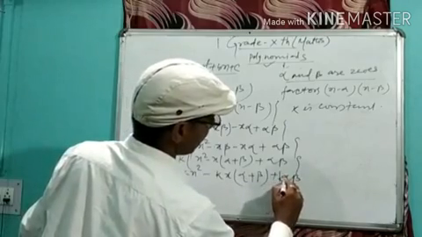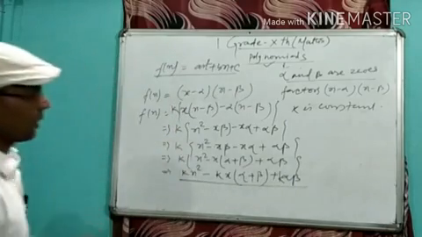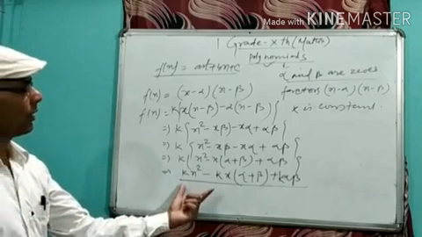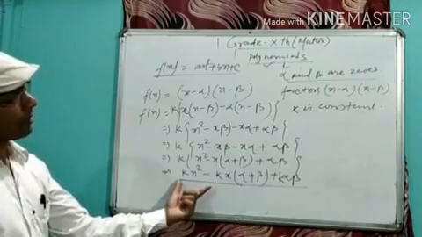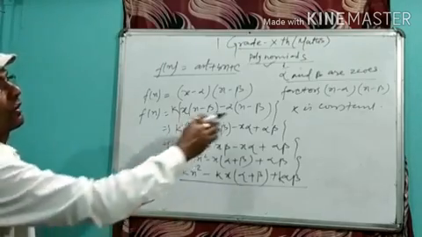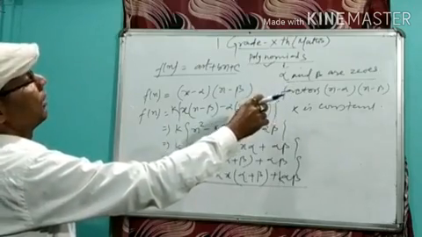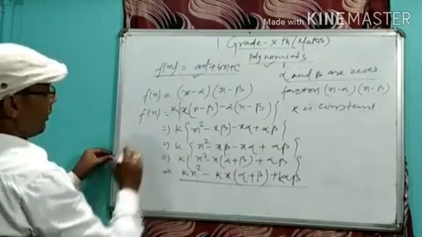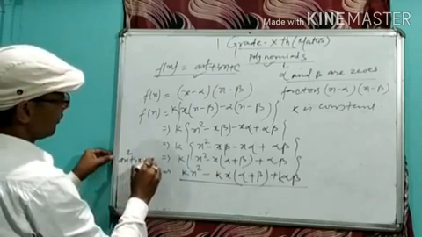Here also k alpha beta. You are looking at what comes after multiplication of the factors of the quadratic polynomial. Now here this is ax square plus bx plus c.